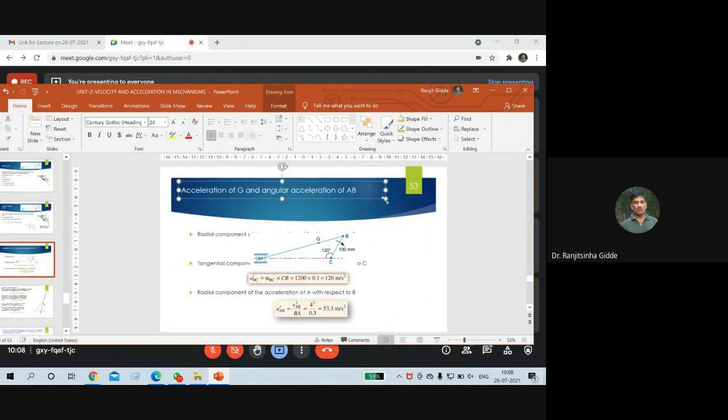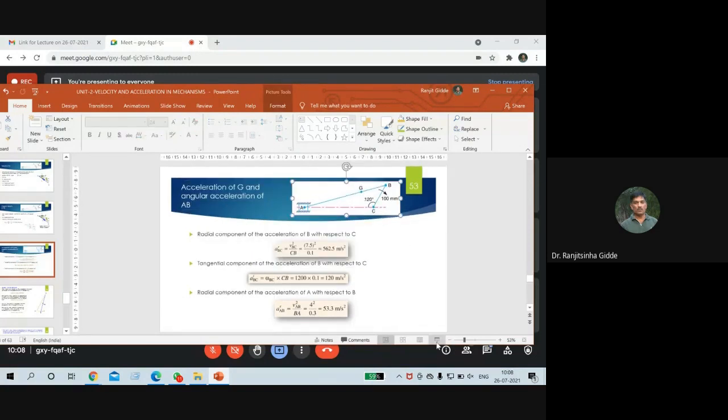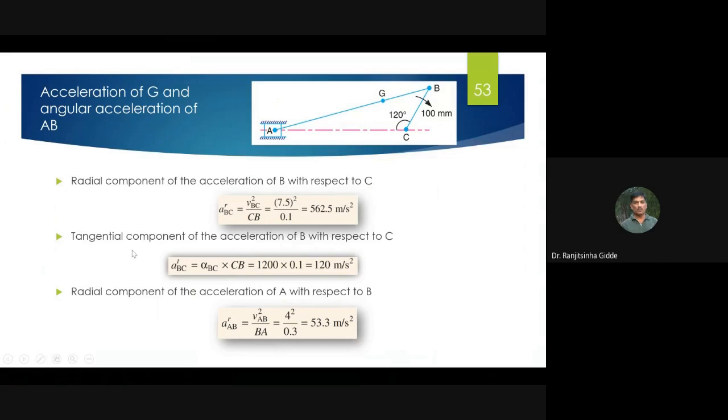Just wait for 1 minute. Just for your information, I am putting that figure on the slide. So again, to find out acceleration of G and angular acceleration of this link AB.